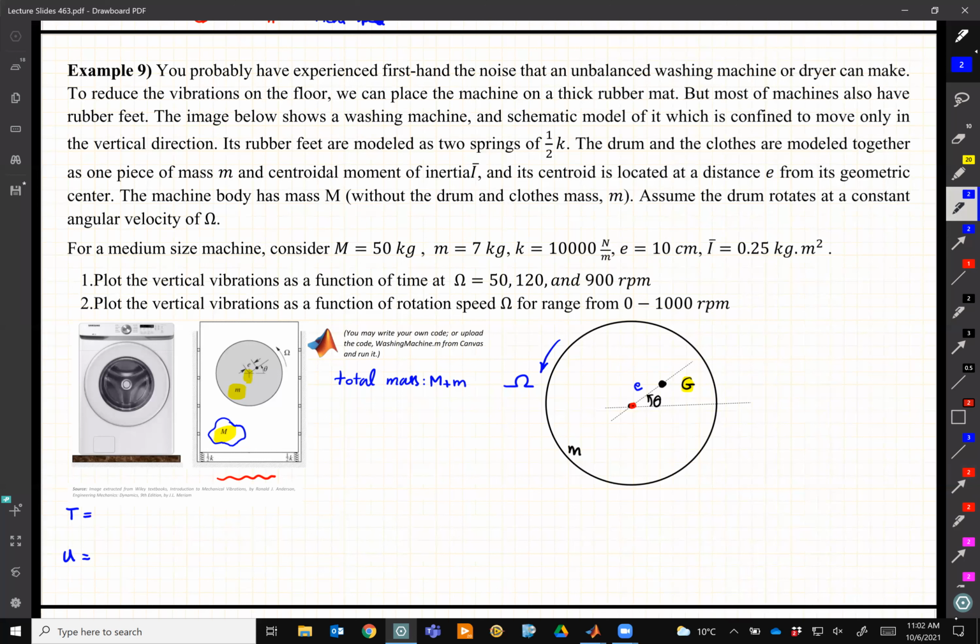Here we have only springs because we know due to the weight there is already some pre-compression in the spring. So the only thing I need to worry about, usually shown by capital U, is half of k x squared. So that's easy.